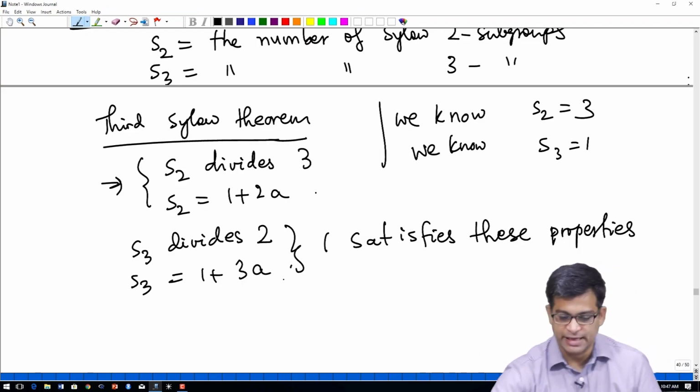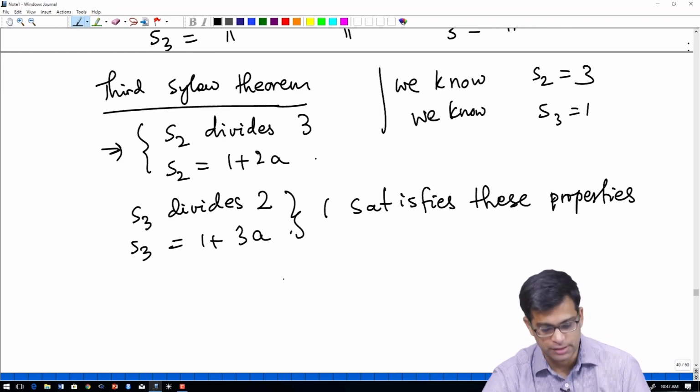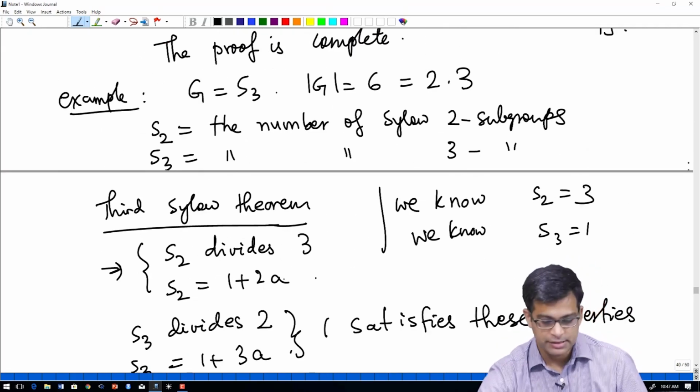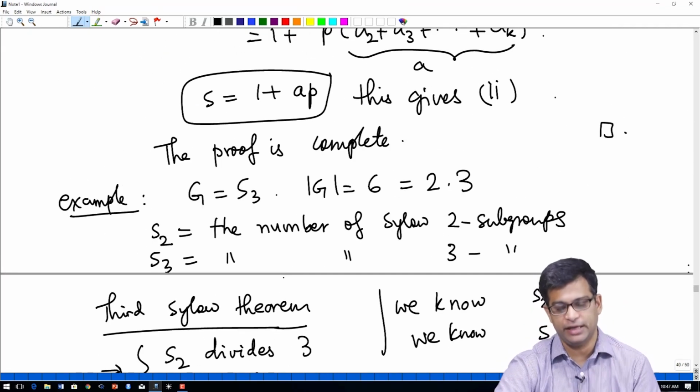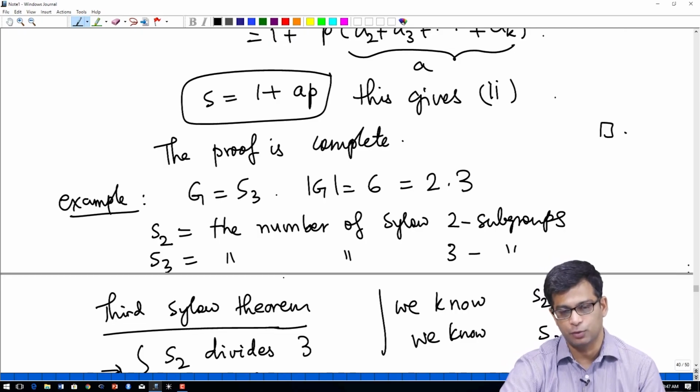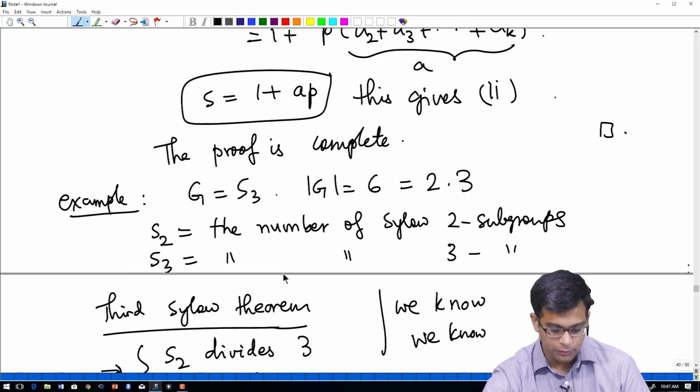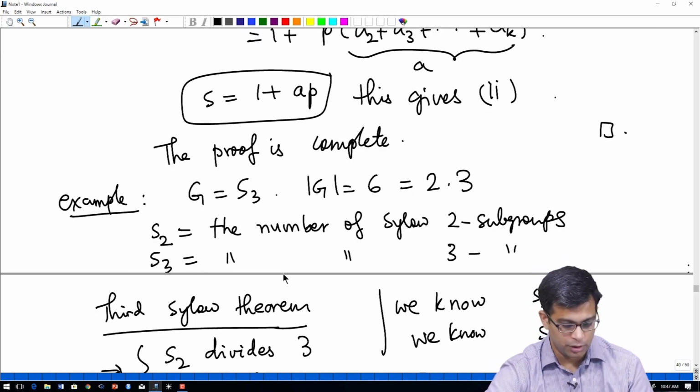Okay. So this just confirms what the Sylow theorem says, but I want to stress one fact here. The Sylow theorem does not tell you exactly what the number of Sylow p subgroups is. It only gives you a range of possibilities. You have to further investigate the group to determine which possibility occurs.